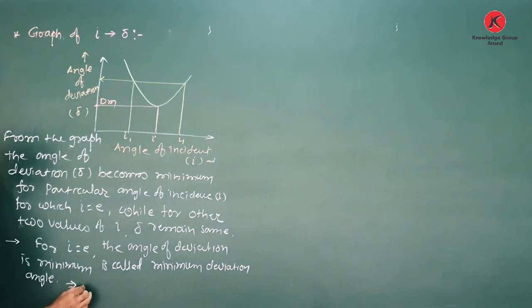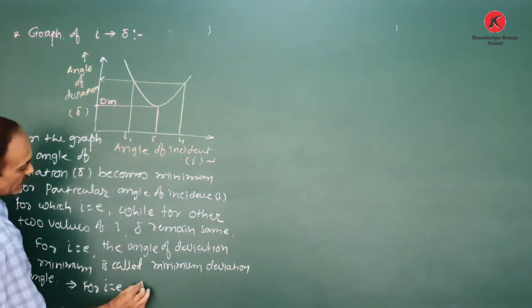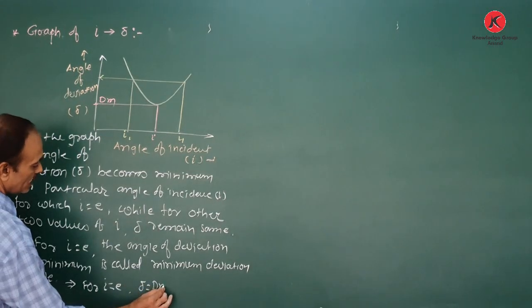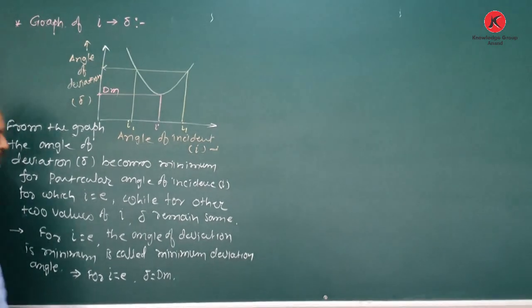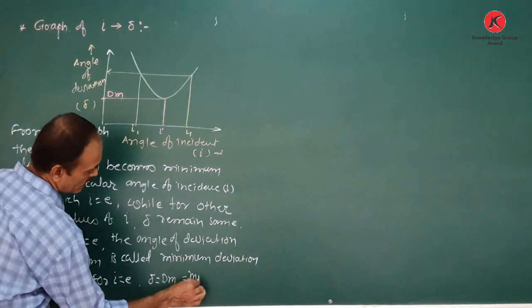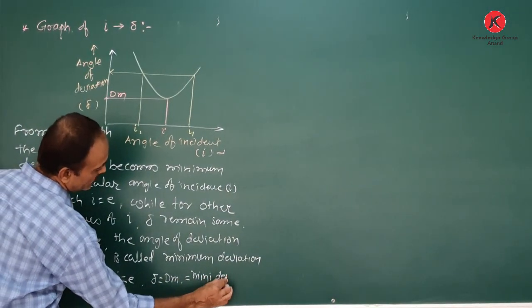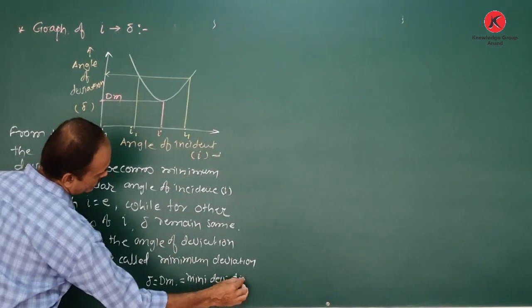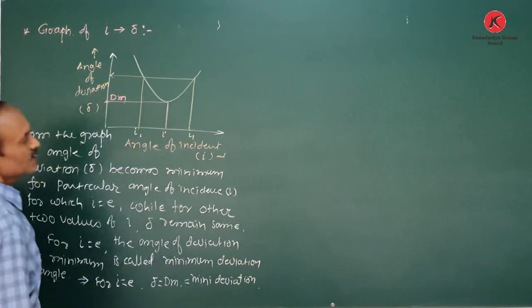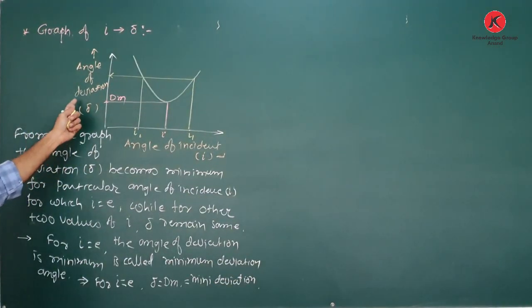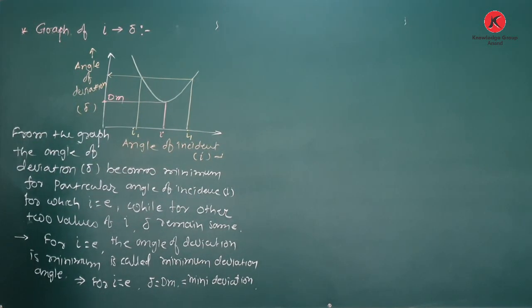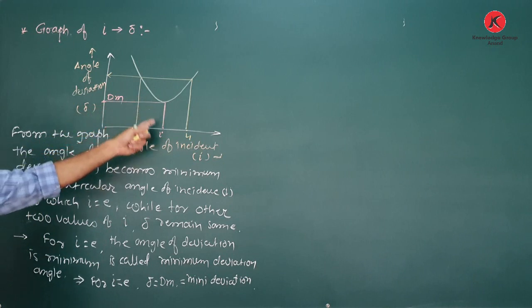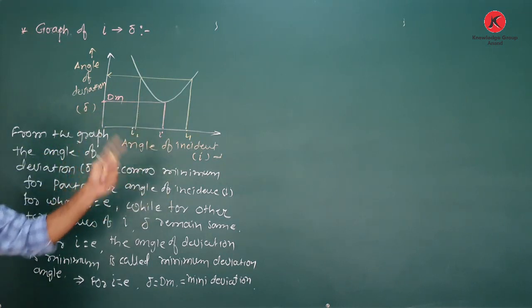Therefore, for i equal to e, delta is equal to dm, that is the minimum deviation. So that is the description of the graph of delta versus i. We only have to describe that, and we also perform this in the experiment.